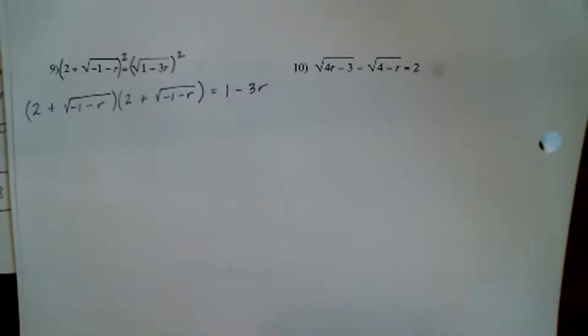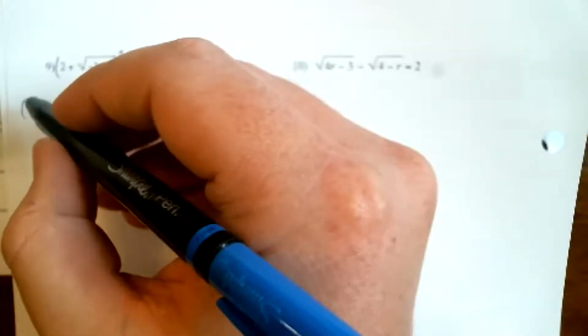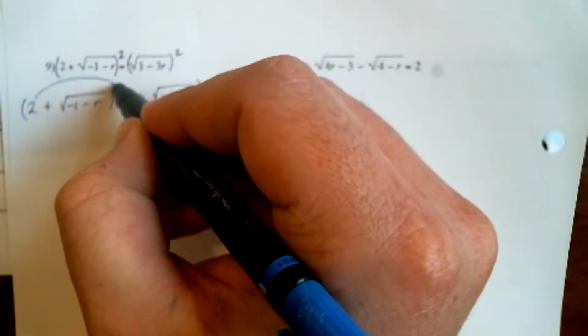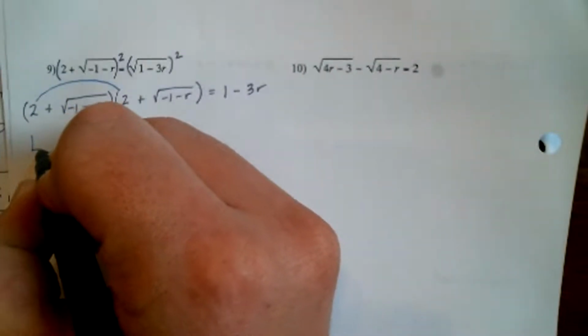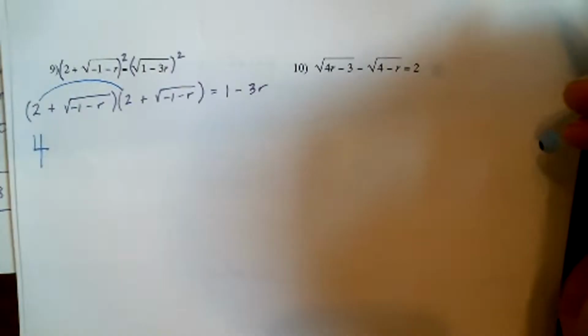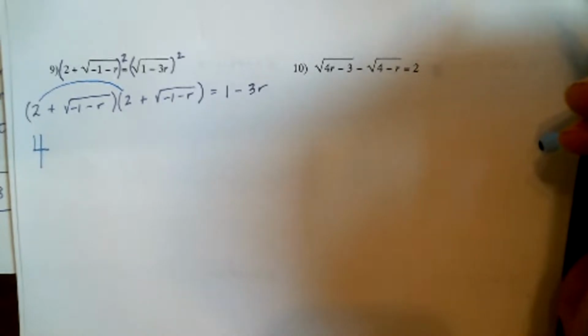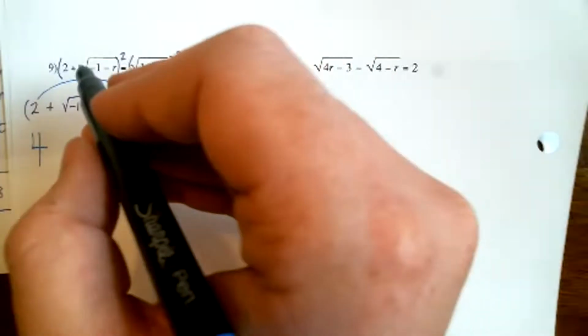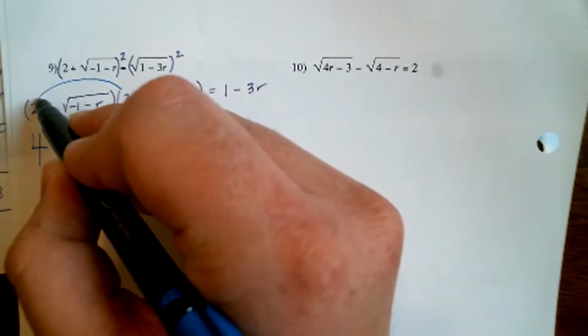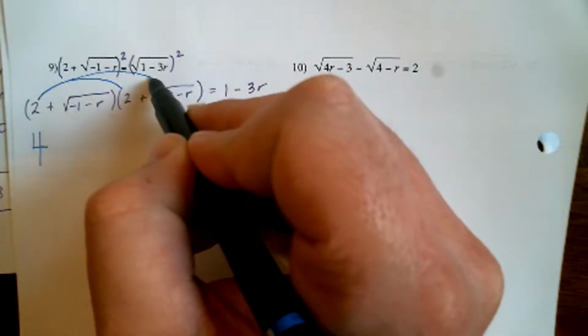Now you actually have to FOIL this. So you say first, 2 times 2 is 4. And then go outside.